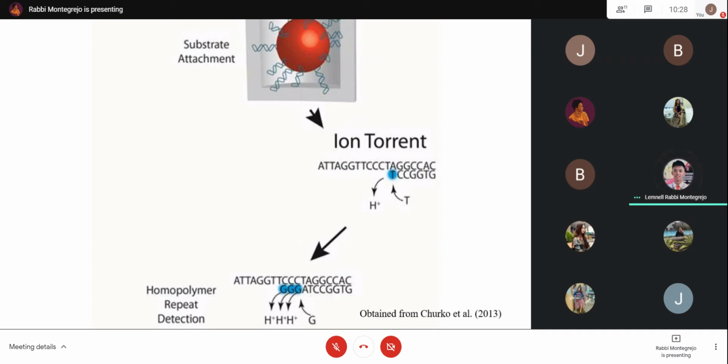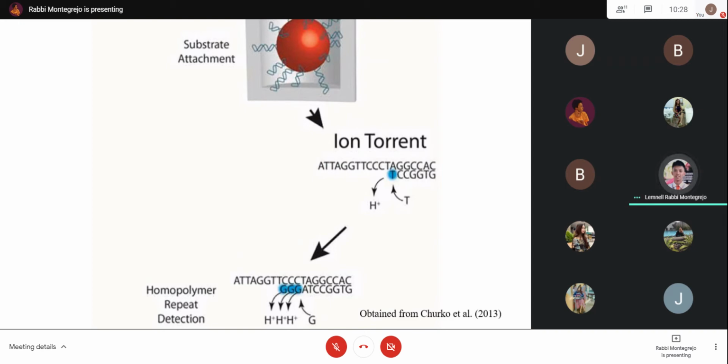And then, since hydrogen is detected during a particular flow of nucleotide, that would mean that the type of nucleotide that was introduced would signify what was incorporated.